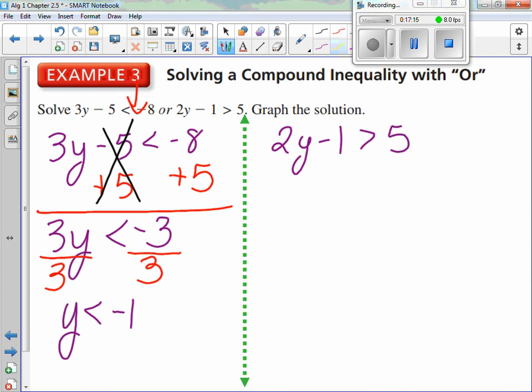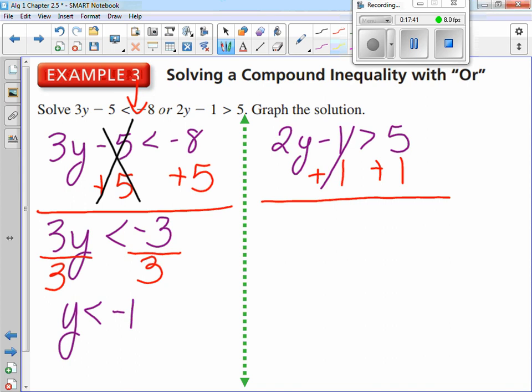Now we just do it again. Now we just need to solve the other side. So again, we need to get 2y by itself, or y by itself. So we have 2y minus 1. So what do we need to move first? We need to move the 1 first, yes? Because it's easiest to move first. So since it's negative, we're going to add 1 to both sides.